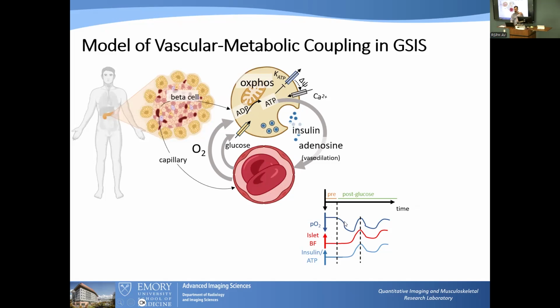Immediately you start to have oxidative metabolism occur. That starts ramping up. You get a drop in the partial pressure of oxygen locally, as well as in the vessel itself. Then you start to see a rise in blood flow, as well as insulin secretion and ATP production, as well as adenosine leaching out of the cell.